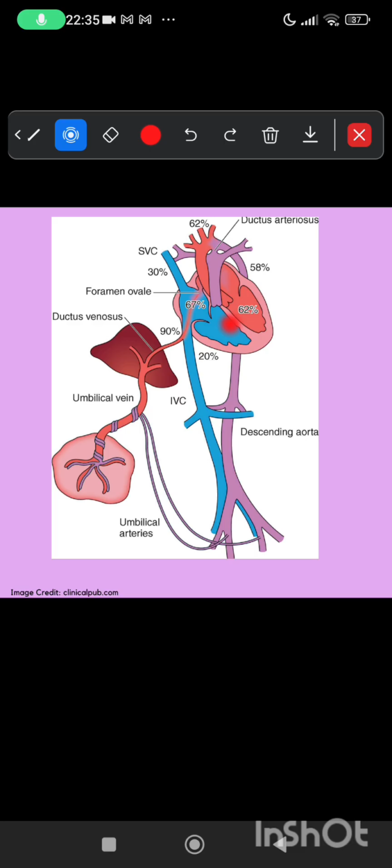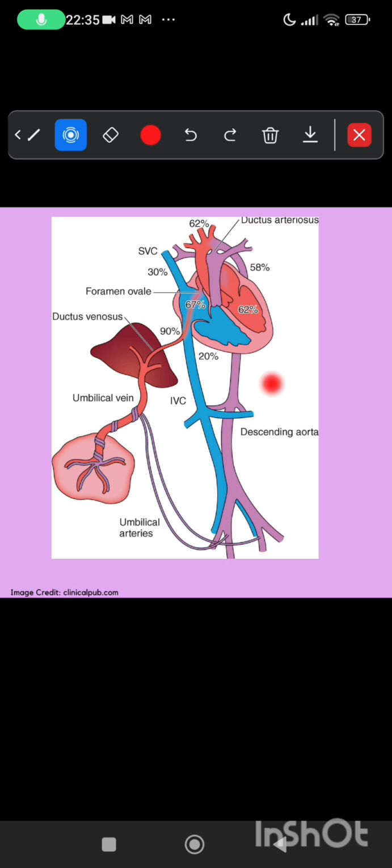But now here, in the fetal circulation, there is a shortcut, that is the foramen ovale, because in adults the right atrium receives deoxygenated blood, so it further goes to the right ventricle and then the lungs to add oxygen, and it comes back.